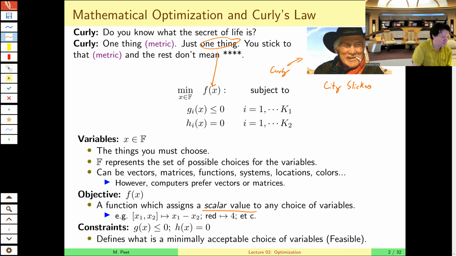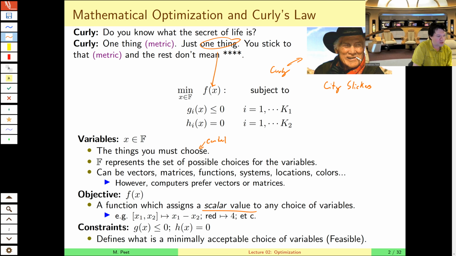Right, very important. Okay, but mathematically, what does that mean? It means that the problem, whatever it is, can be formulated with three parts, which we mentioned earlier. The first is, and I'll skip the objective for now, the variables. These are the things you can control, things you can choose, things you have flexibility around.